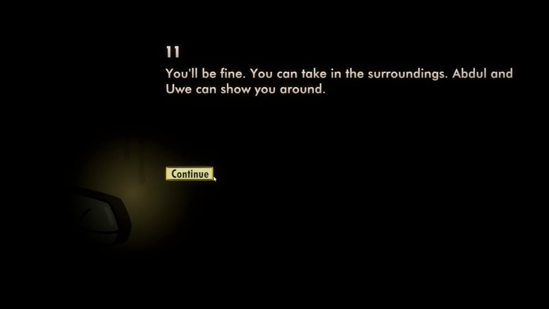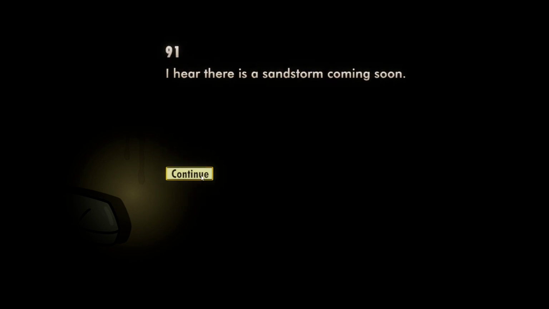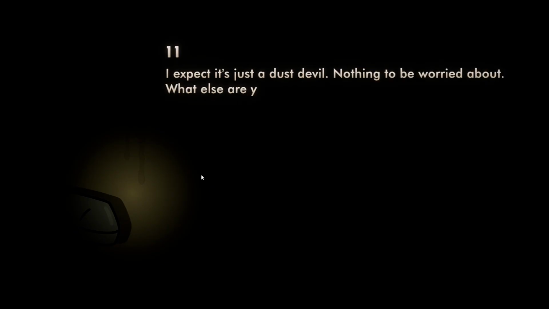You'll be fine. You can take in the surroundings. Abdul and Yui can show you around. Sir, we're on patrol. Alright then. We'll find something else for you. I hear there's a sandstorm coming soon. I expect it's just a dust devil, nothing to be worried about. What else are you working on? Investigative work, corrupt food and drink suppliers. That's the Hoffmans. That's absolutely the Hoffmans.